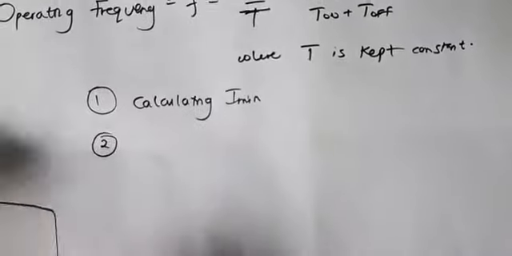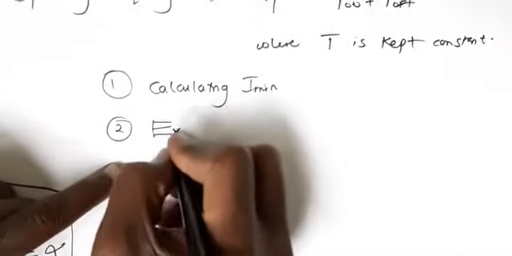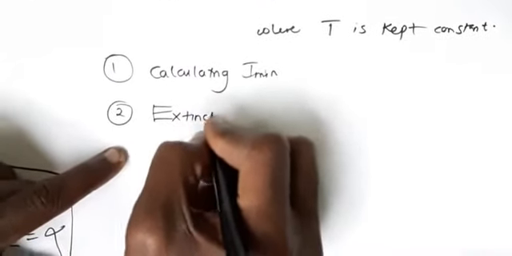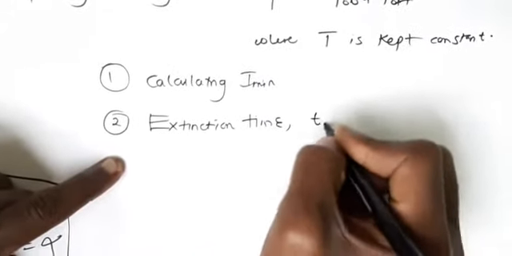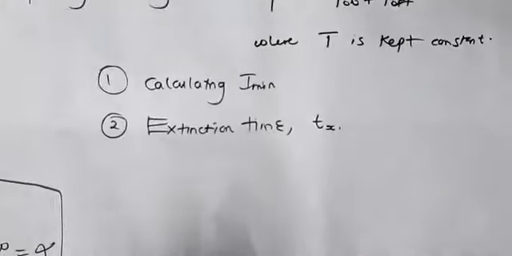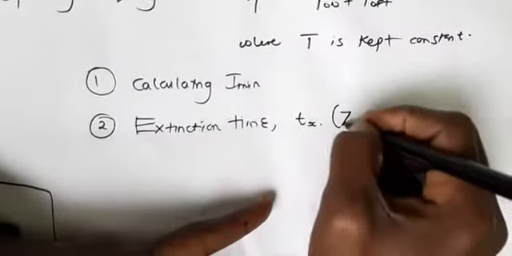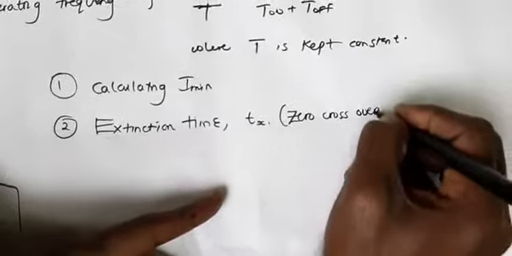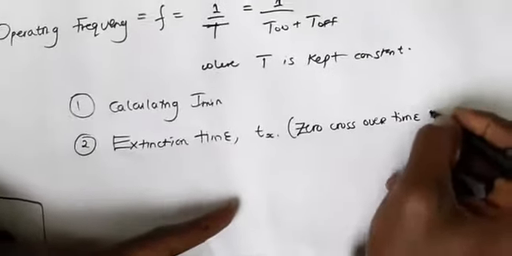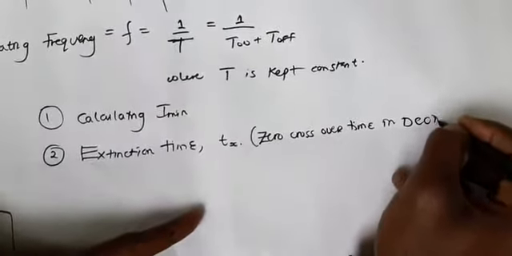The next method is by calculating the extinction time, denoted by Tx. This is the zero crossover time in discontinuous current conduction mode.